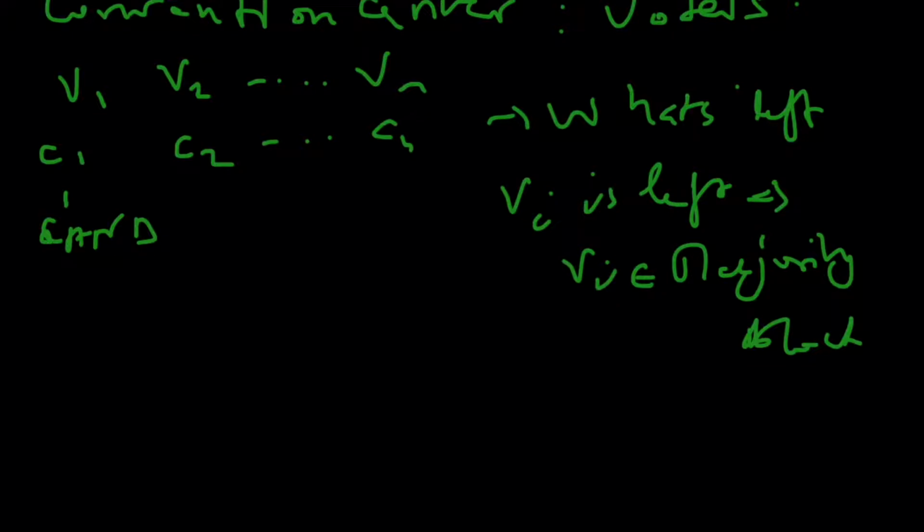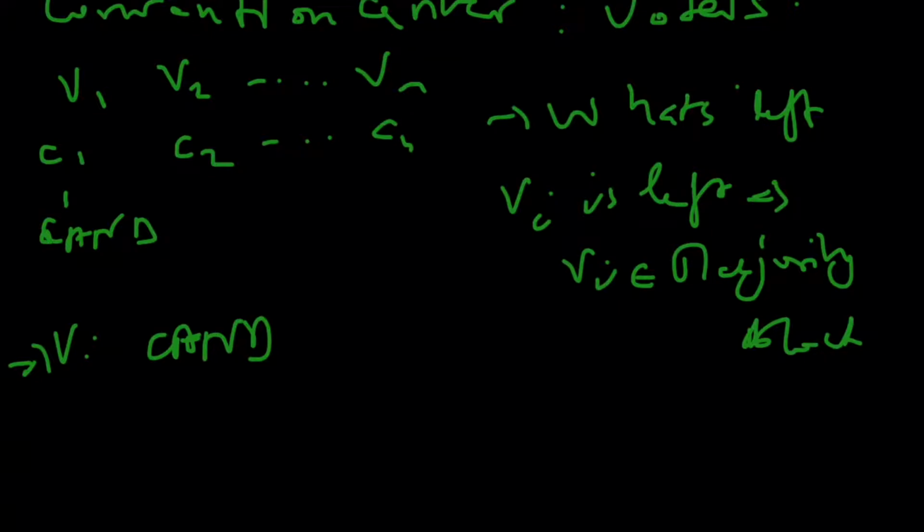Okay, which means that V1, or the candidate of V1, is in the majority, or has the majority if there is one. I will explain later why I say each time if there is a majority.